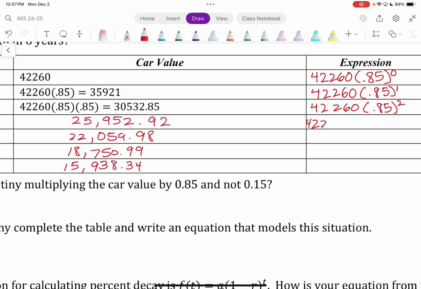Then 42,260 times 0.85 to the third. 42,260 times 0.85 to the fourth. Then to the fifth, and then to the sixth. Where essentially the exponent represents the year, like I said. All right, so the exponent represents the year.